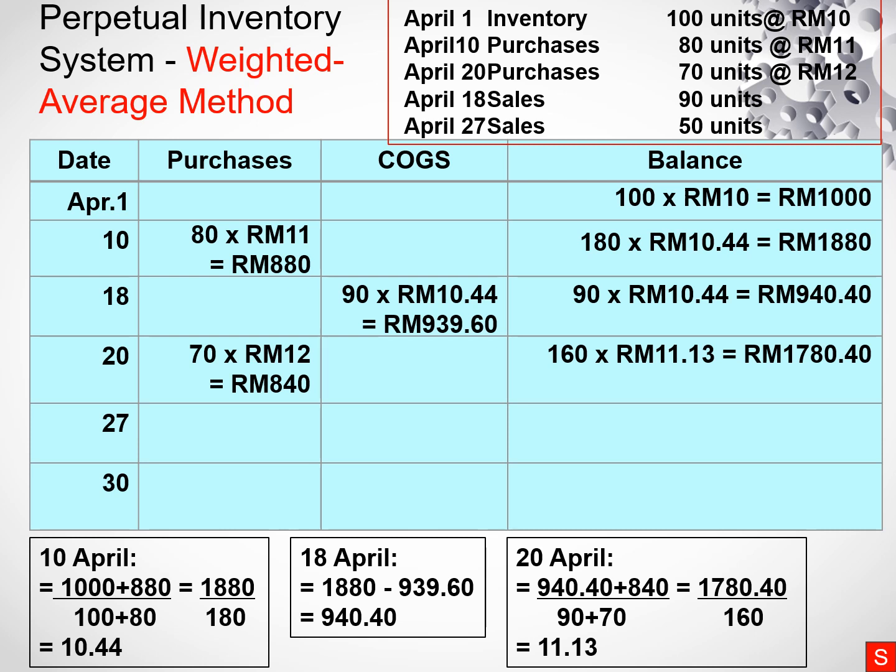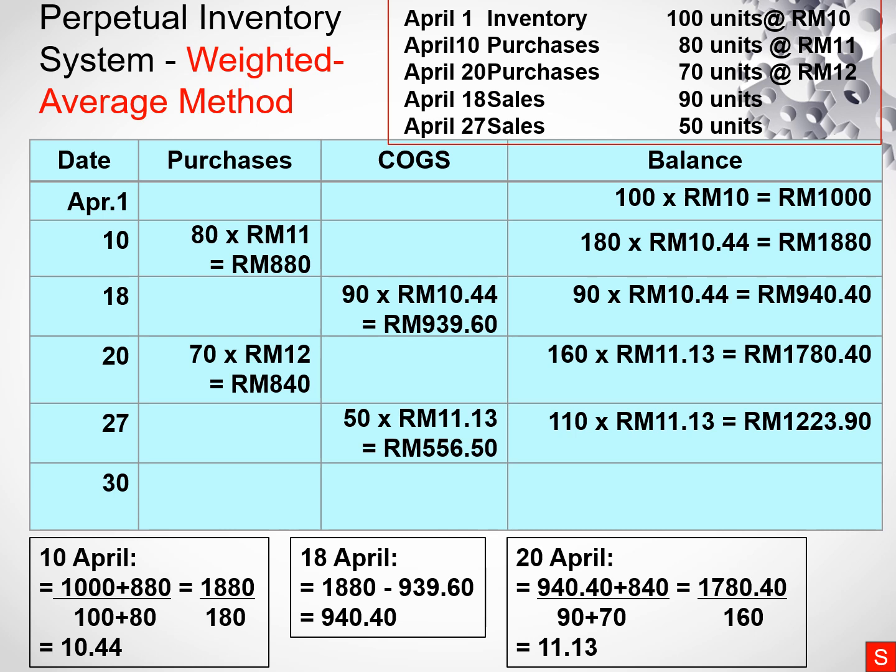And the last transaction is on 27 April, that is sales 50 units. So write down at the cost of goods sold column 50 units times 11 ringgit and 13 cents equals to 556 and 50. So the balance left is for unit 160 minus 50 equals to 110.